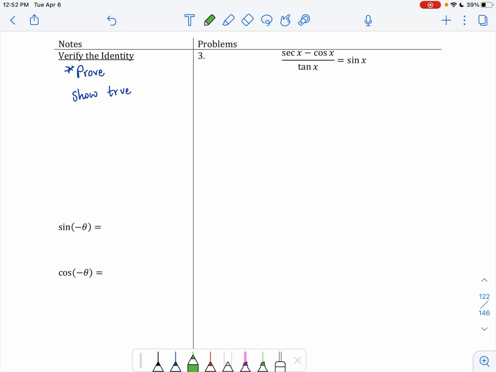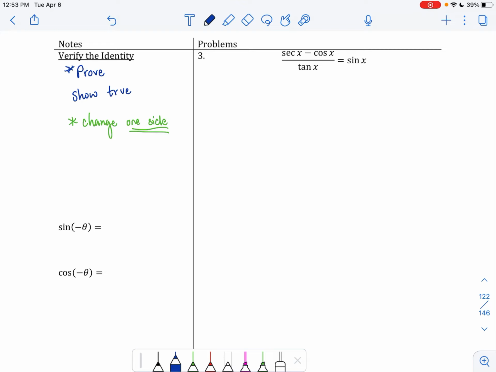Now, one really important note is you can only change one side at a time. So for example, I can't multiply by tangent on both sides, because that would assume I already know that they're equal. Can't do that. What we can do is simplify. We take one side.